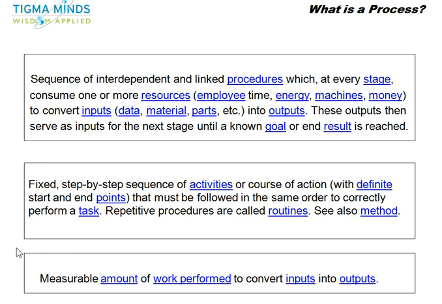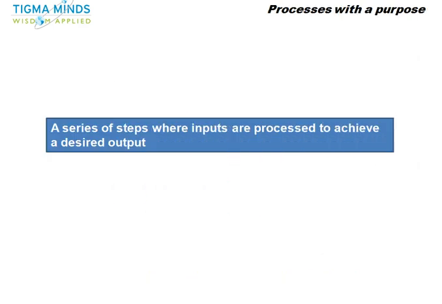So if you look at it, there are a few terms that keep popping out. We're talking of inputs, we're talking of outputs, we're talking of a goal or end result, right? So let's not get too engrossed in this one here, and let's go straight to the next slide.